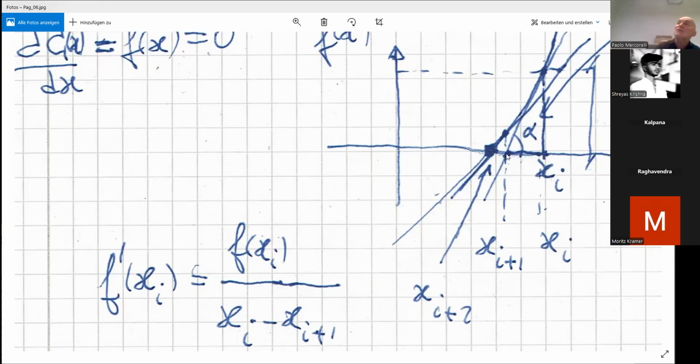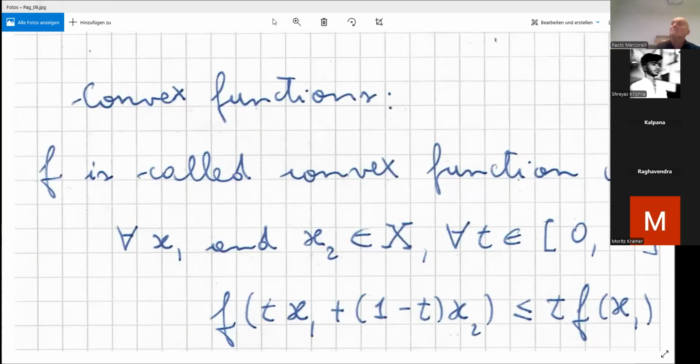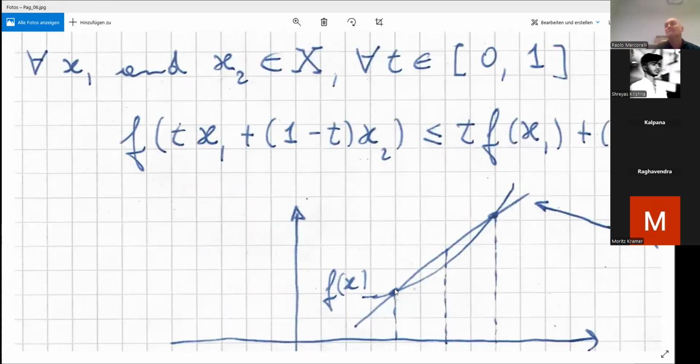Then I consider this point and the derivative at this point, and intuitively we can see that it will converge. This point is basically xi plus 2, assuming that the interval between xi and my candidate point is monotone, convex. Otherwise we don't have convergence. This is a necessary condition.